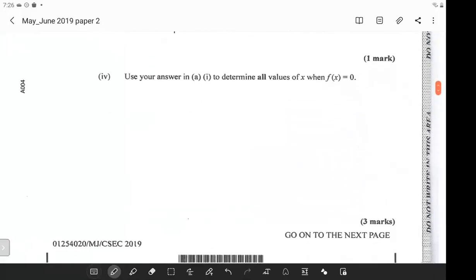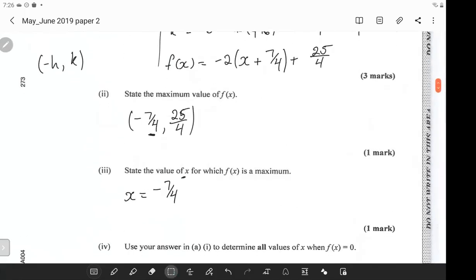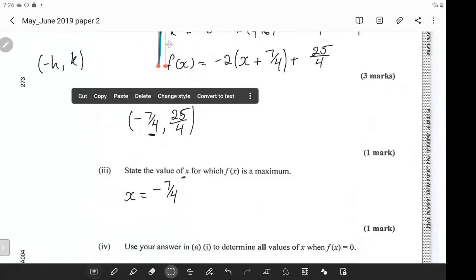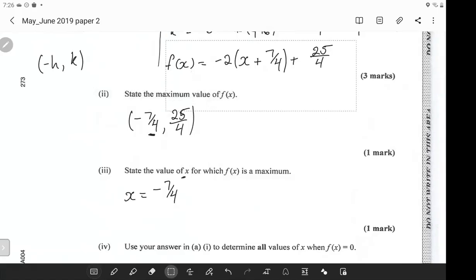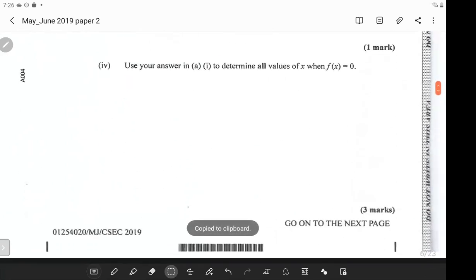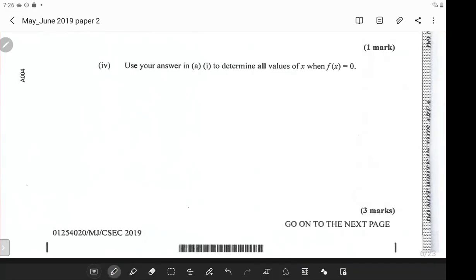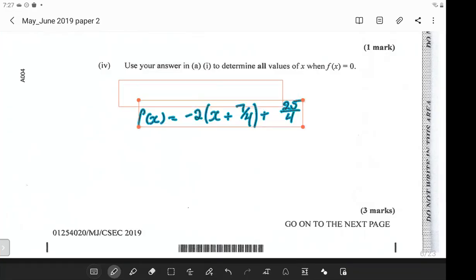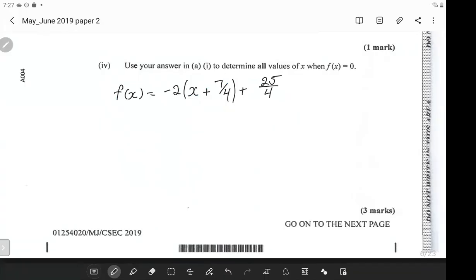So use your answer in A1 to determine all the values of x when f of x is equal to 0. So they want the roots. So we have f of x. Let's just copy this. Right, and we want the roots, so that is equal to 0.